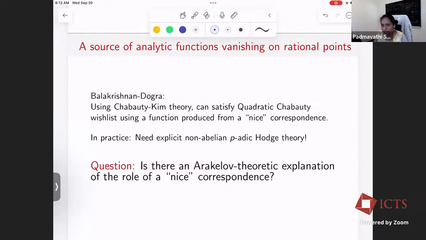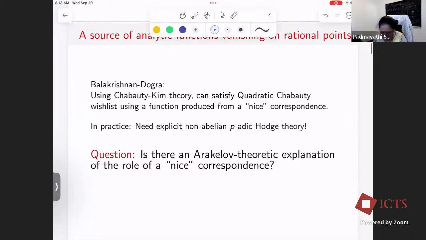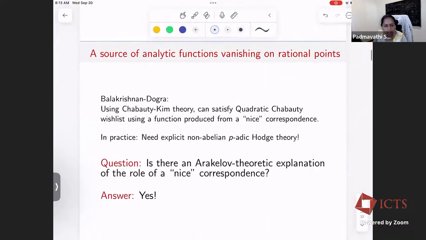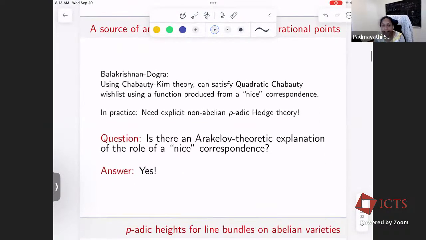Our goal was to see if we can directly explain why p-adic heights show up when you're trying to come up with rational points, with analytic functions that vanish on the rational points. That's the kind of explanation I'm hoping to give you today, using tools from Arakelov theory to explain where analytic functions vanishing on rational points come from.